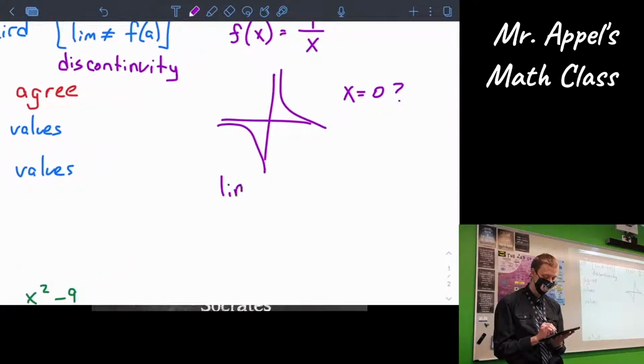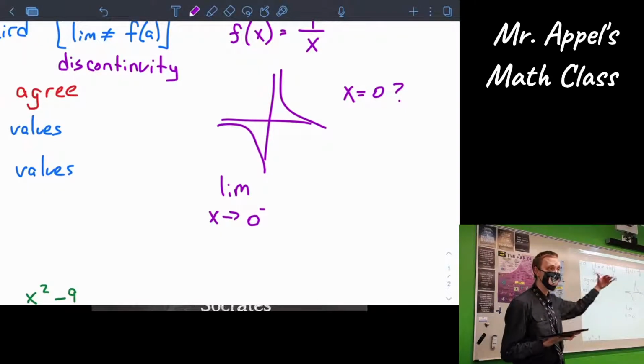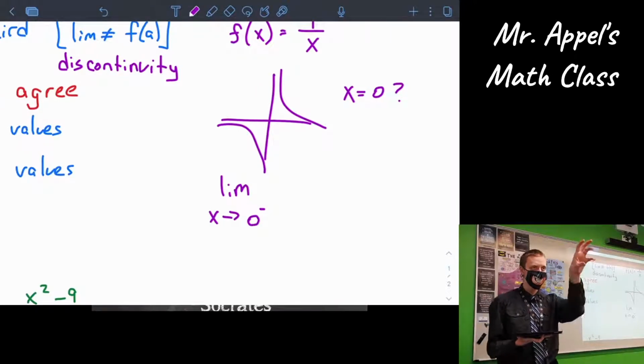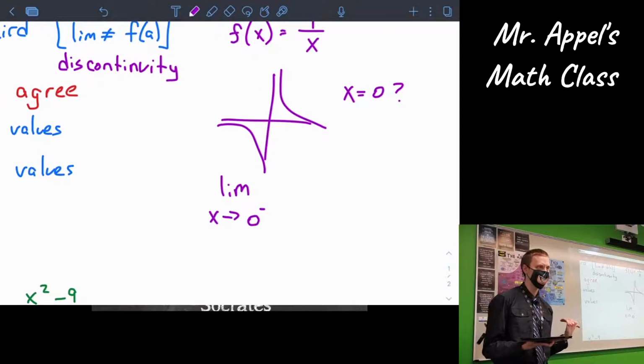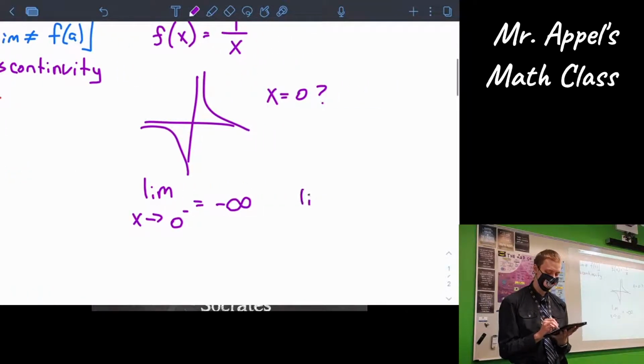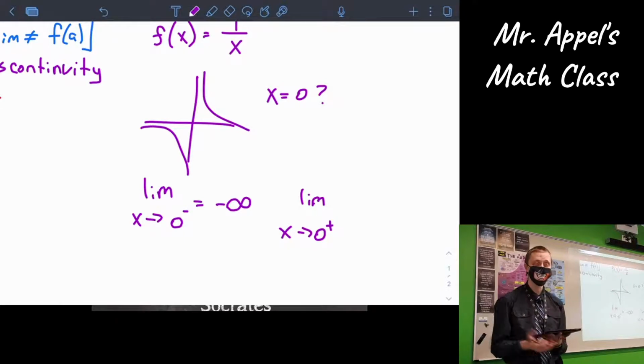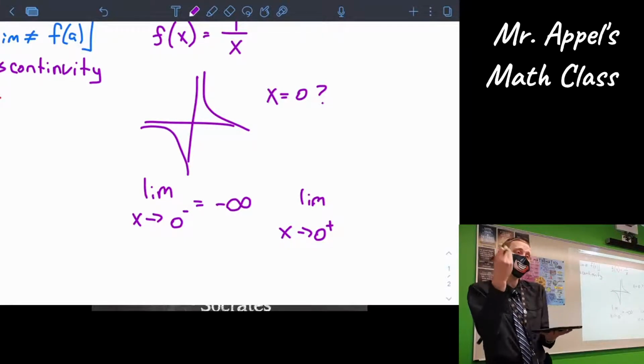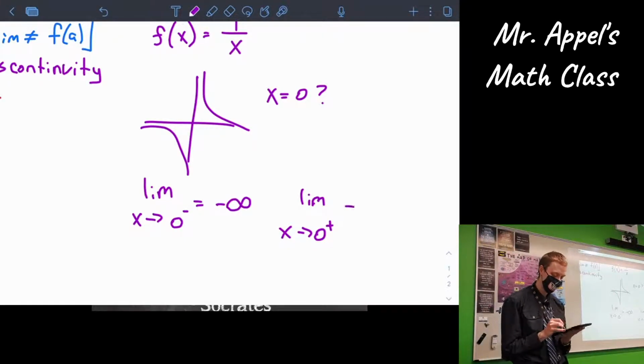So the limit as x approaches 0 from the left side, 0 minus, numbers smaller than, right? Take 0 and subtract stuff. From that side, I get negative infinity. But if I approach from the right side, 0 plus, add some values to 0, so we're a little bit more than 0, I'm going to get positive infinity.